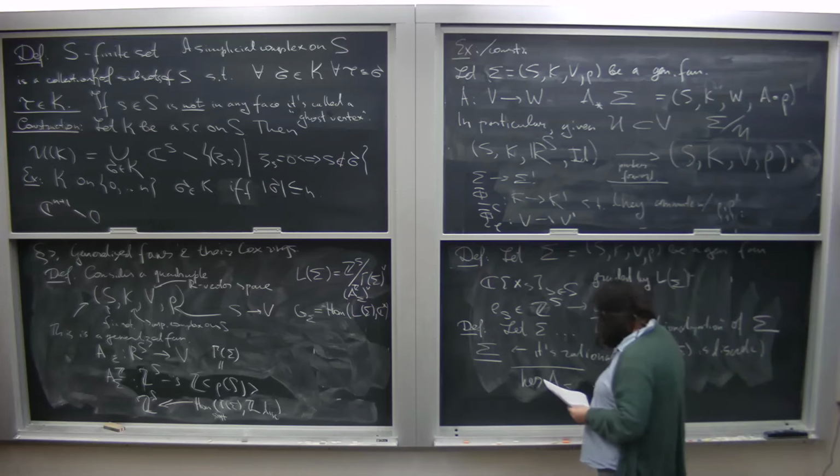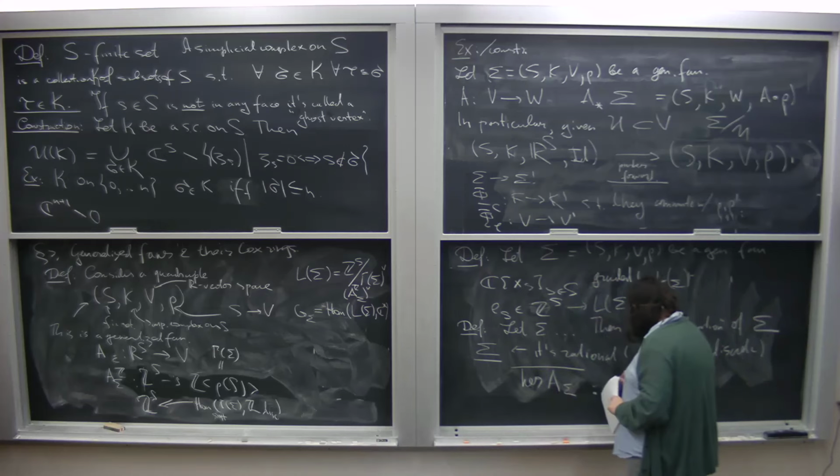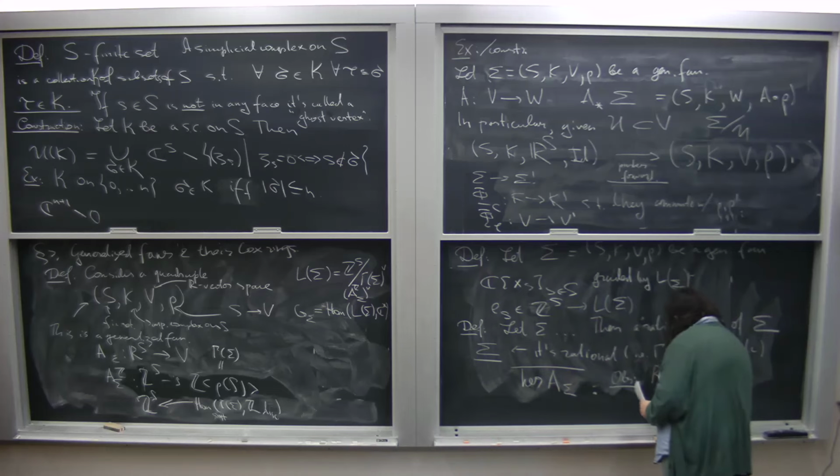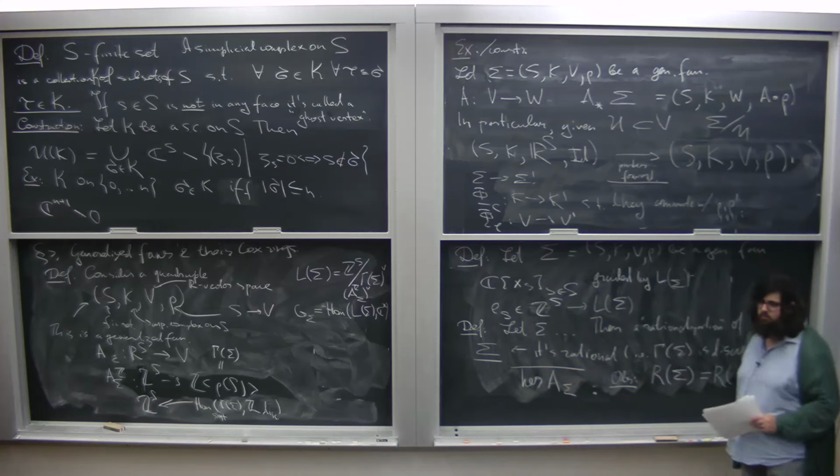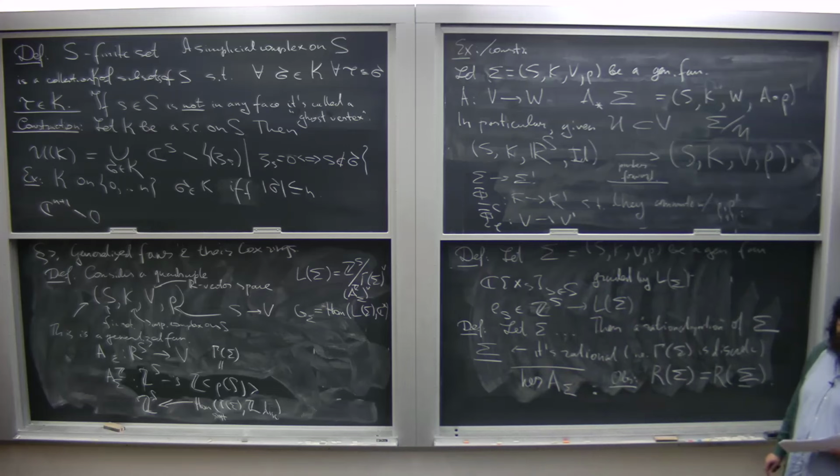Okay. So I will just end with the following observation, that the Cox ring of a generalized fan is canonically the same as the Cox ring of its rationalization.